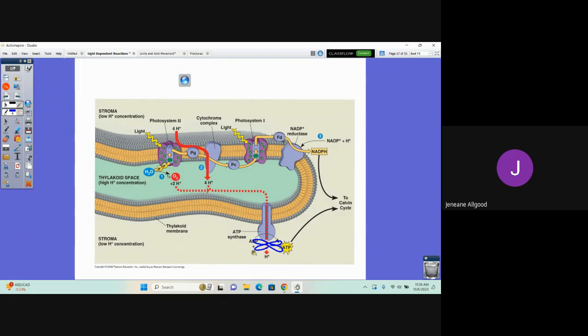Notice that ATP is being made out here in the stroma, which is convenient because ATP is going to be needed for the Calvin cycle, which we'll learn about Monday, and that takes place in the stroma. The two products of the light reactions that you need for the Calvin cycle are ATP and NADPH, and those are both made in the stroma.